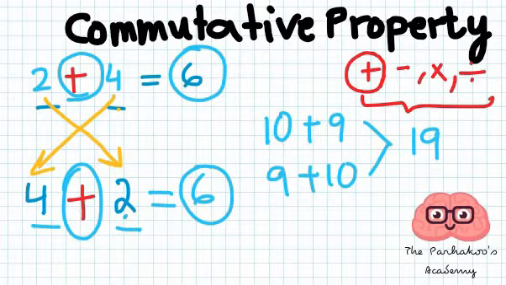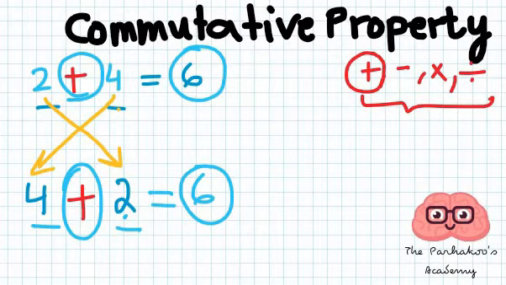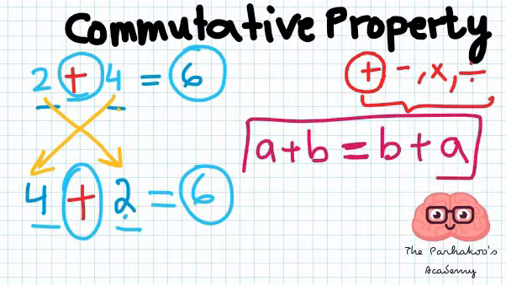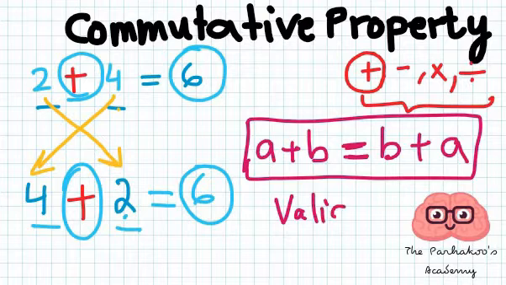So you can say in general form, A plus B is equal to B plus A. A is any number, B is any number. Whether you add A to B or B to A, it is the same. It is always the same. So commutative property is valid for addition. Valid for addition.